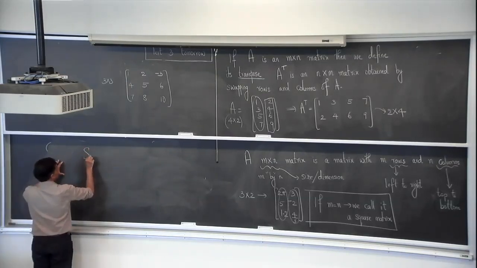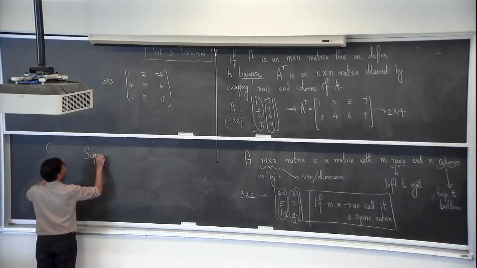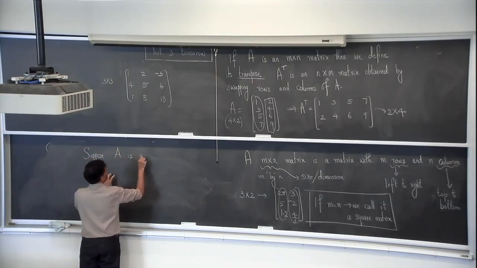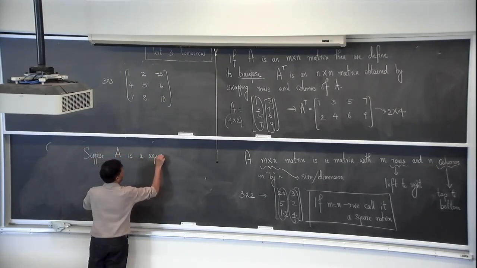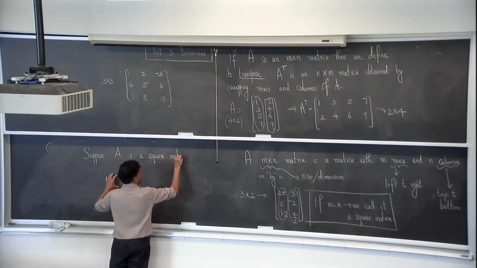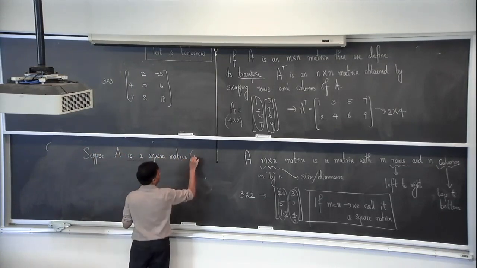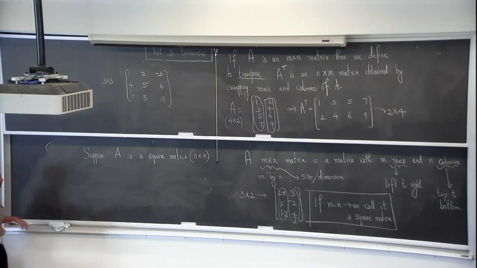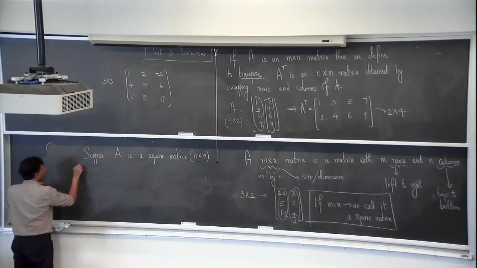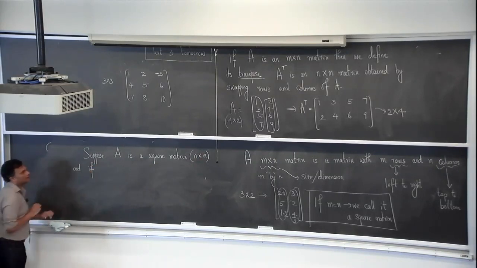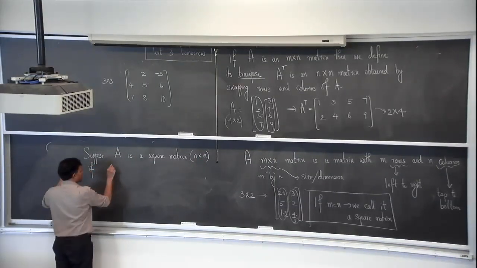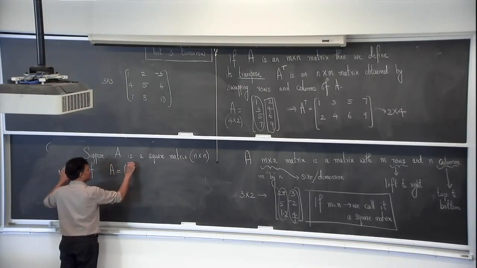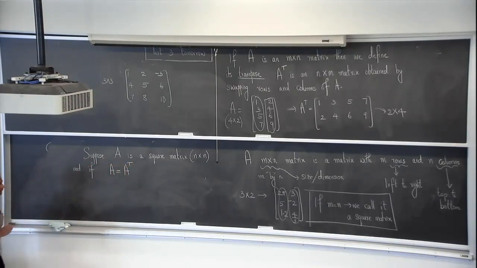Suppose A is a square matrix. Once again, that means it has the same number of rows and columns, say n by n. If the matrix is equal to its transpose, you cannot have a non-square matrix equal to its transpose because they are different sizes, they cannot be equal.